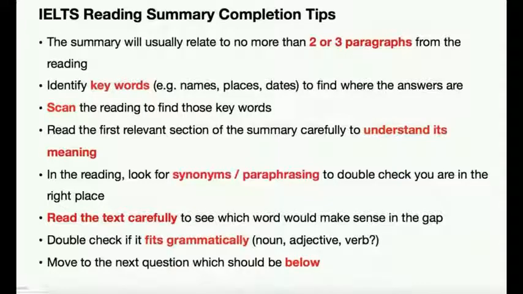And remember, what you'll often find is that the part where the answer is just a paraphrase of what you've read in the summary completion. So rather than thinking of it as a summarizing exercise, you can think of it as just a paraphrasing exercise. So you're identifying a part in the text which has been paraphrased from the summary.